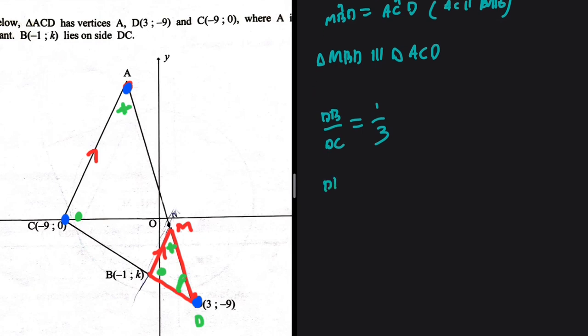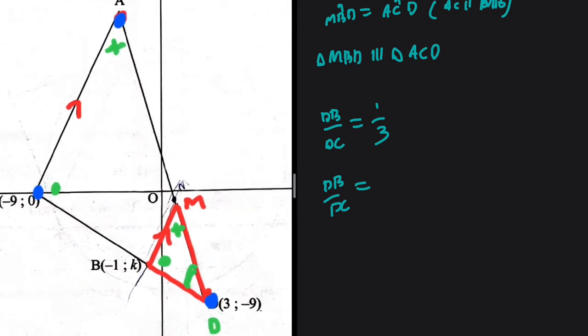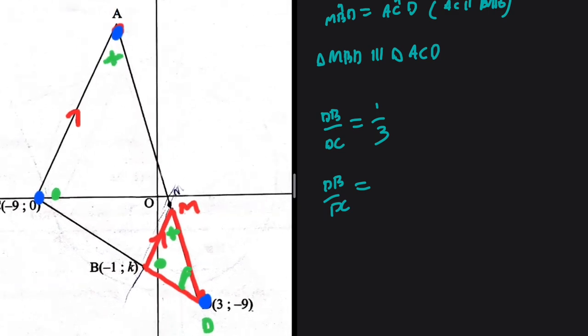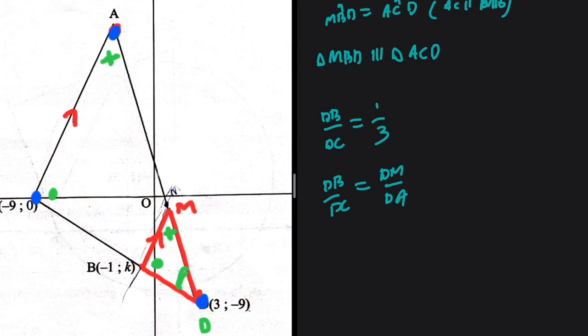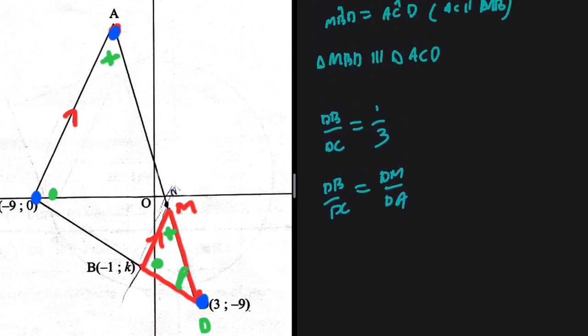We can say that DB over DC should be equal to, let's pick any other side, DM over DA, right? The other side, because we said that these divided by these, but now because we know that the two triangles are similar, we can say these divided by this should also be equal to the ratio of the other sides. So this should also be equal to 1 over 3.